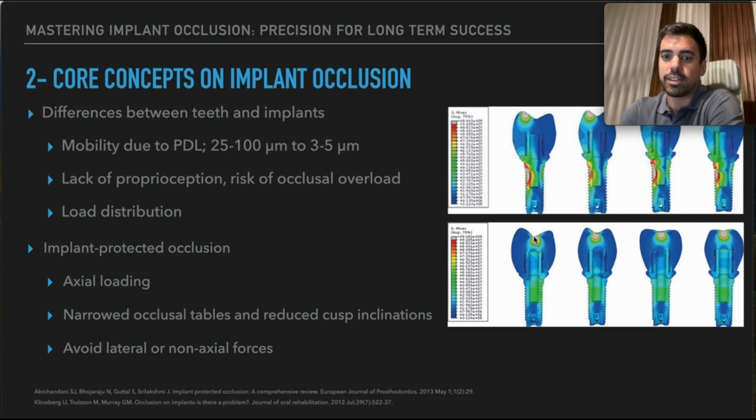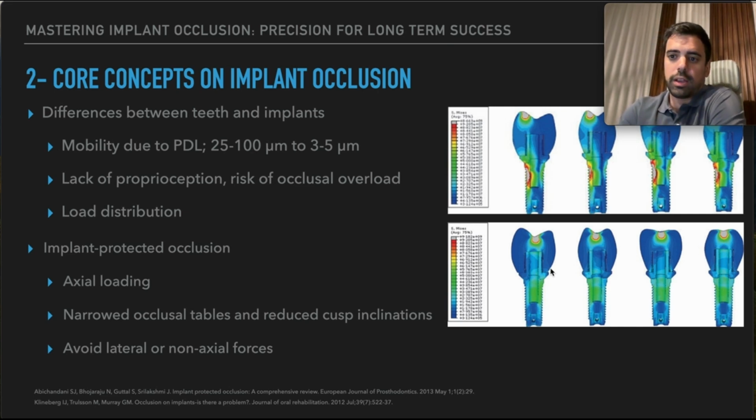They're not as hard as this one. They dissipate quite a bit better. But not only that, they get even better when we have narrowed occlusal tables like this one. So this one is wide, but also the cusp inclination is high, steep, whereas this one is a narrow occlusal table. And then this one here is a narrow occlusal table with very flat cusp tips. So this is the scenario that we want to have on implants.